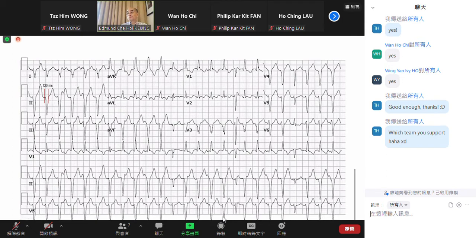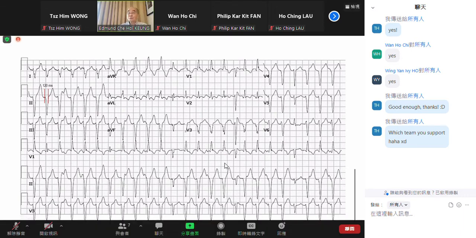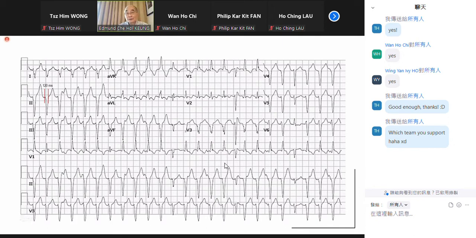Now the question is, is it VT? What the history tells you is most revealing: someone who's having an MI or has a history of MI, an older patient, with a wide complex tachycardia, VT. But let's apply what we learned. There's no delta wave. Everything goes very sharp, straight up.